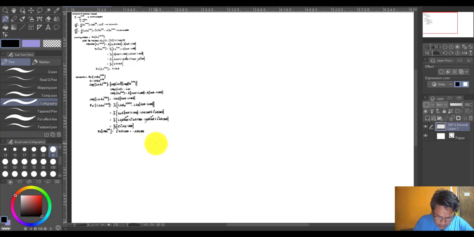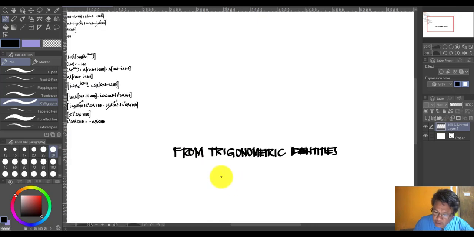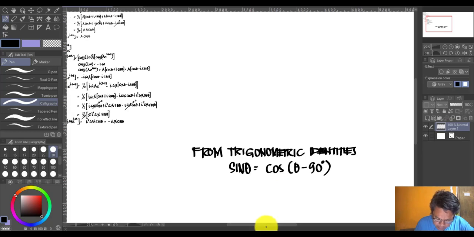Okay, and also we have from my trigonometric identities, sine of theta is equal to cosine of theta minus 90 degrees. So I can substitute that one there, and rewrite my equation for my real part.